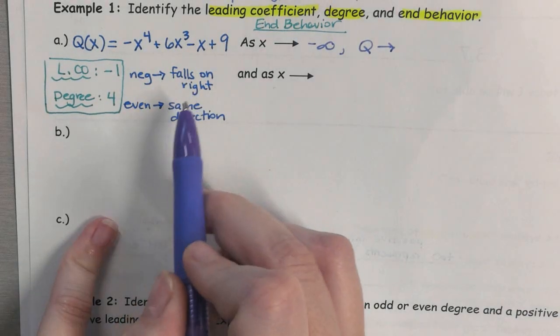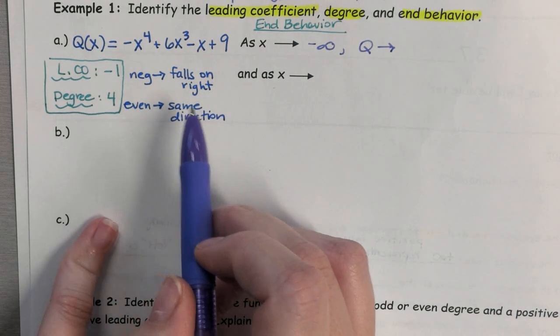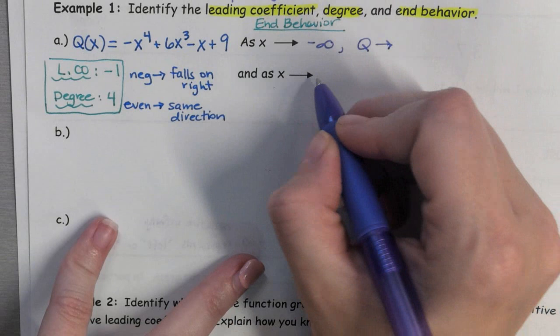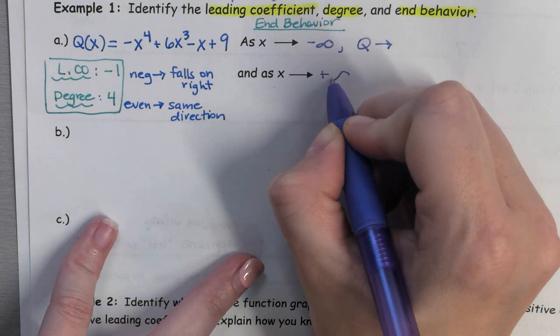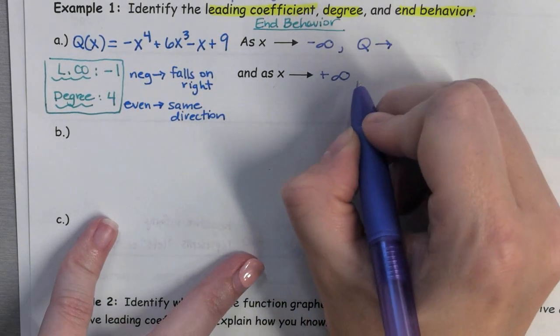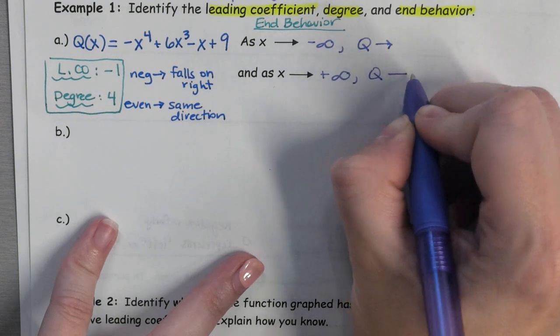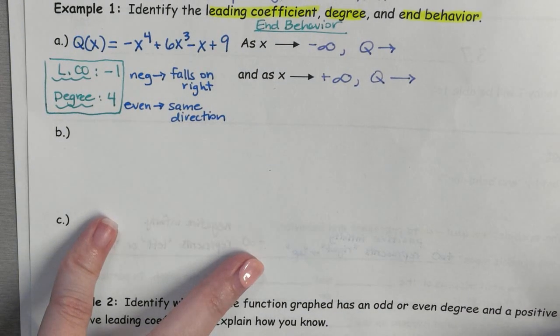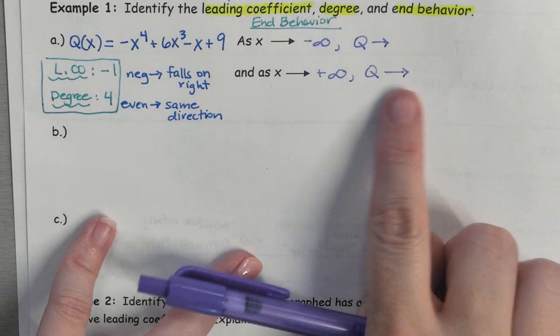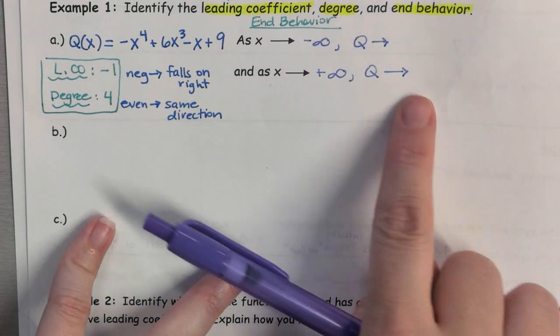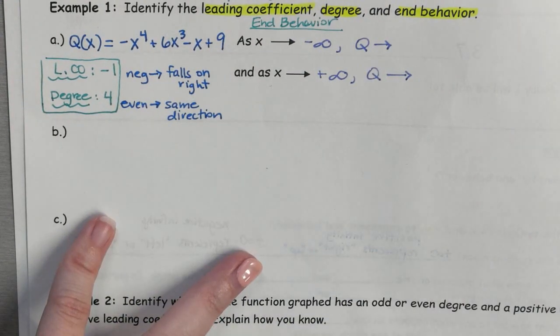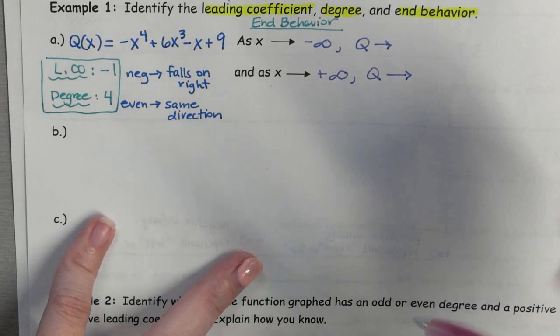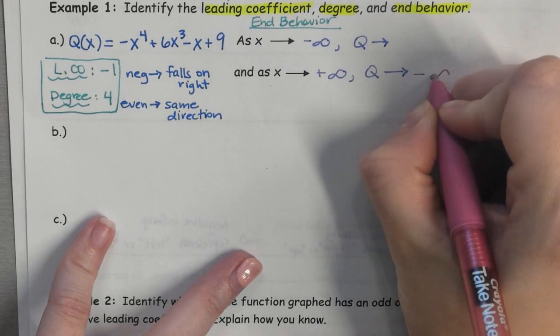Now, if it falls on the right side, I usually fill in the right side first. So as x goes to positive infinity, I fill this one first. If it falls on the right side, that means it's going down, so I'm going to use negative infinity.